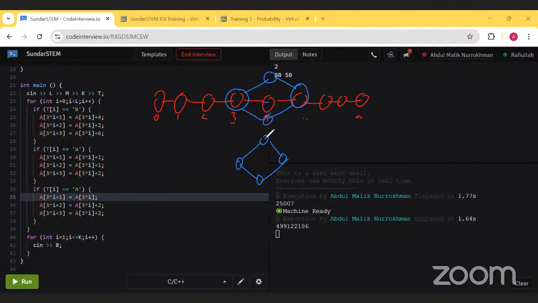Okay. So if the probability here is 3, let's say, then here will be 3 plus 1. This will be 3 plus 1, and then this is 3 plus 2. Okay. So we convert from the original graph into the line graph here. What will be the index in the line graph? Okay.